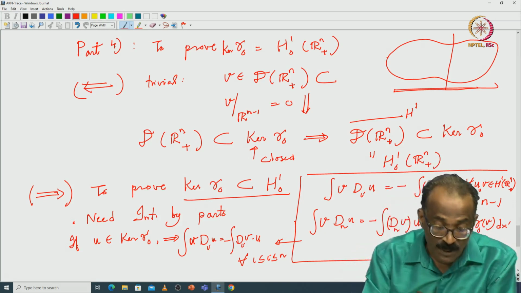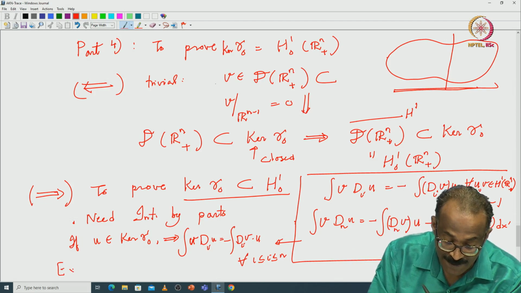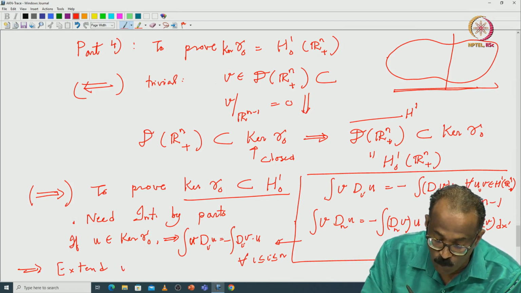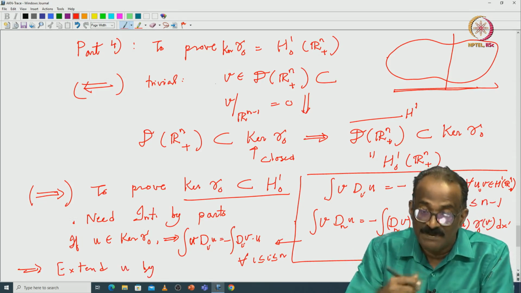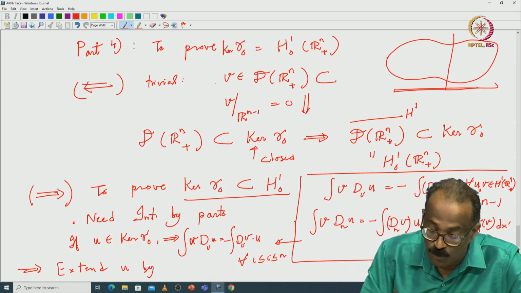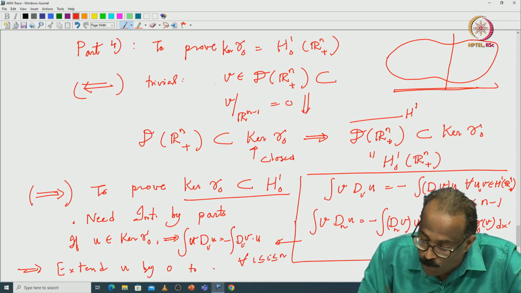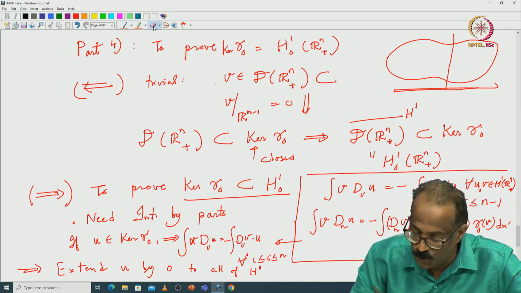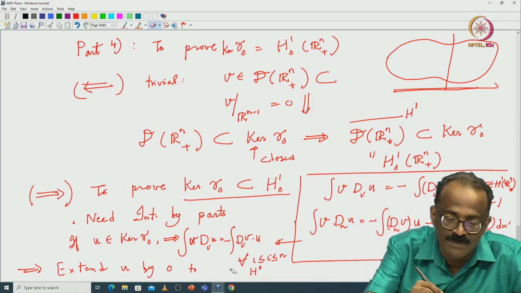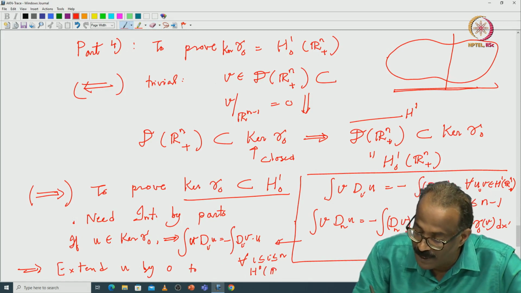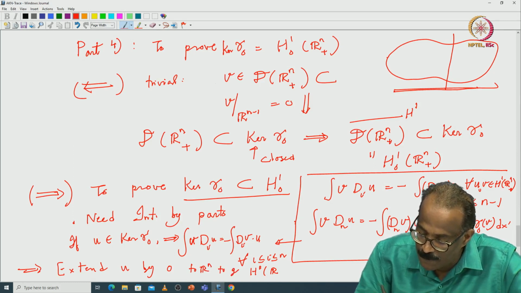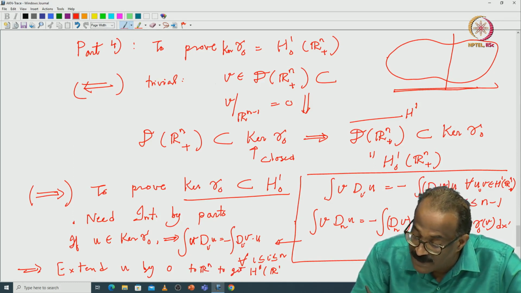So, if gamma naught of u equals 0, the extension by 0 will remain in H^1. If the trace value is 0, you can extend u by 0 from R^n_+ to all of R^n, to get a function in H^1 of R^n, the extended function.